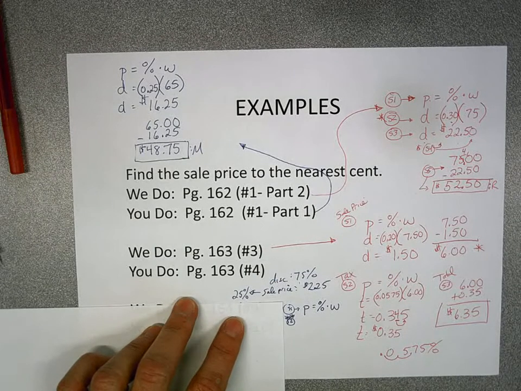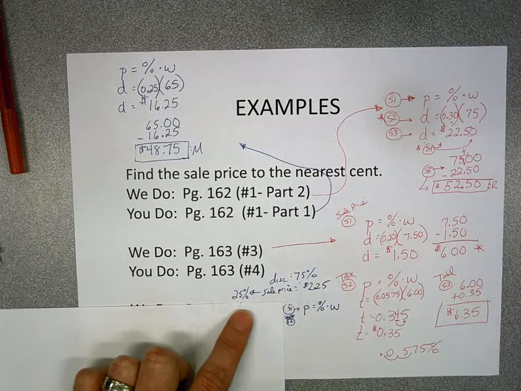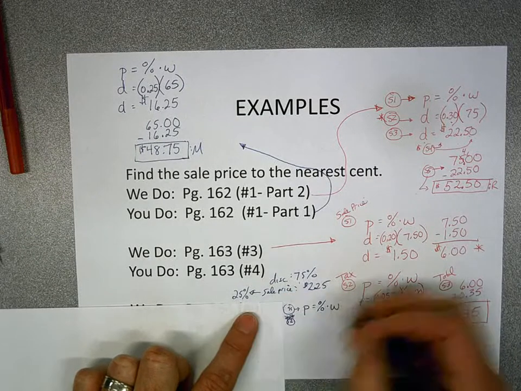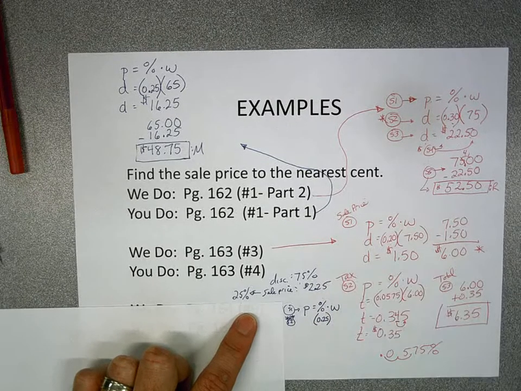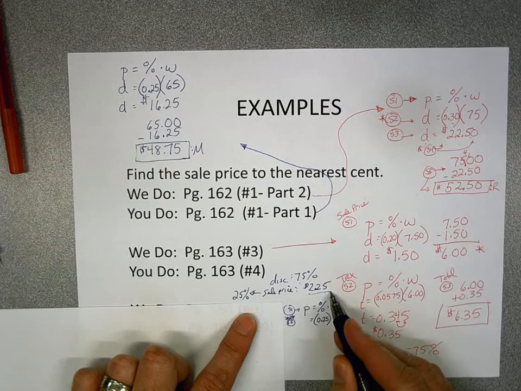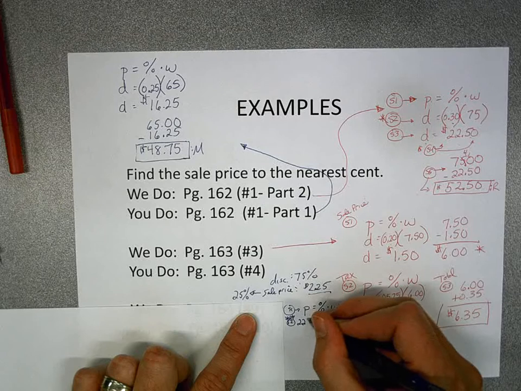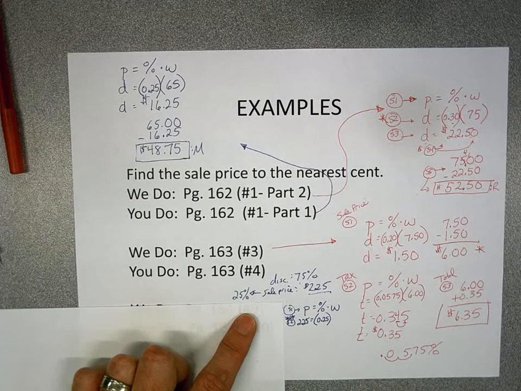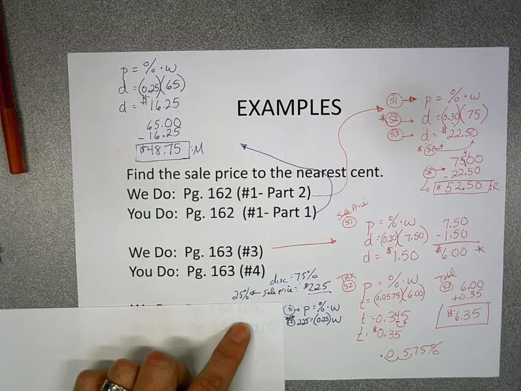So the sale price percentage is what I'm going to use. I'm going to plug in 25%. Why? Because I have to use the sale price, 2.25. You say, well, but Mr. Wilkins, wait, what about the whole? Remember what the question asks? What is the original price?